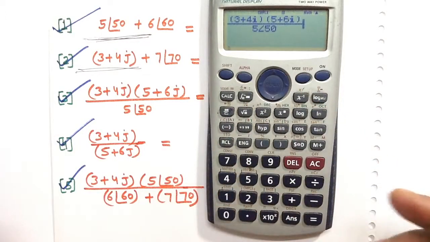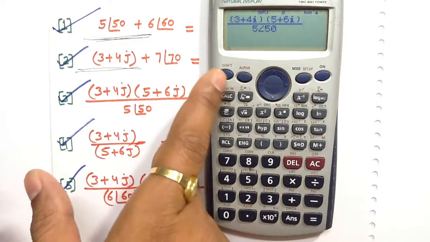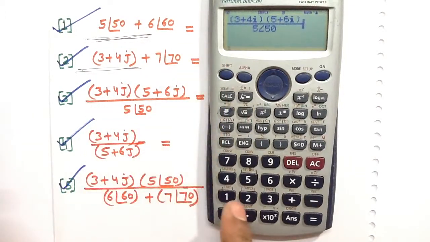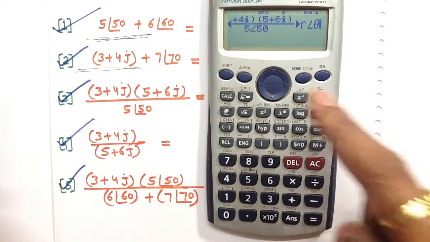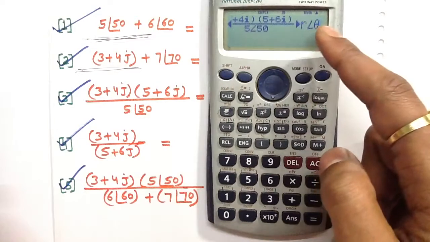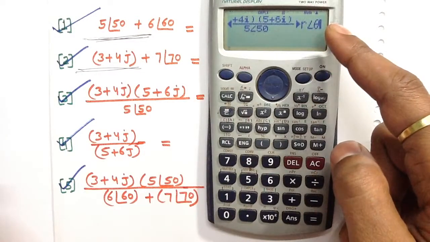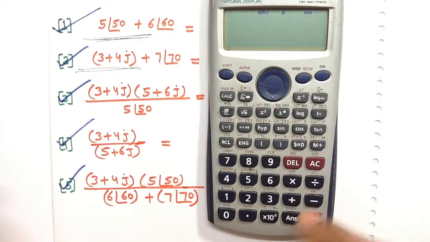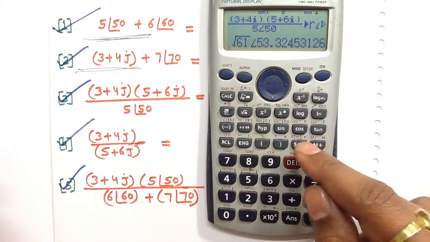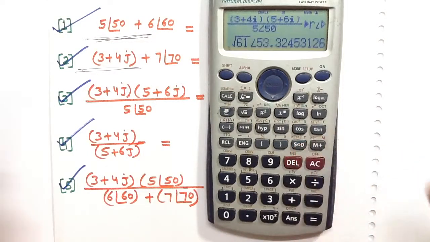Suppose you want to get the answer in polar form first, then press Shift, then 2, then 3. You can see that the answer given by the calculator will be in the polar form. So press equals, then press S-D if you want to get the answer in decimal form.